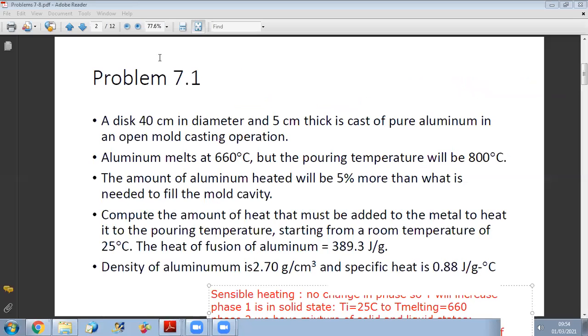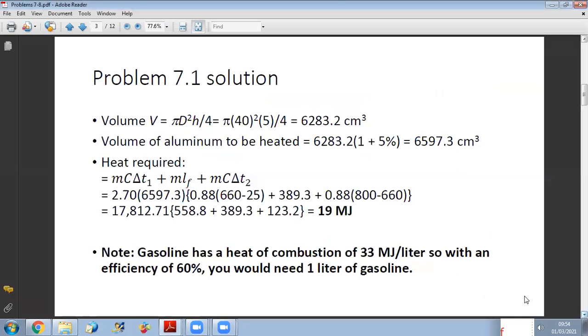So to summarize, here you have the complete method. First we calculate the volume, and since we have to add a certain percentage for shrinkage effect, we multiply by 1 plus 5%. Then the total heat required is divided into three phases. The first is the solid heating, this is the change of phase heating, and this is the liquid heating.